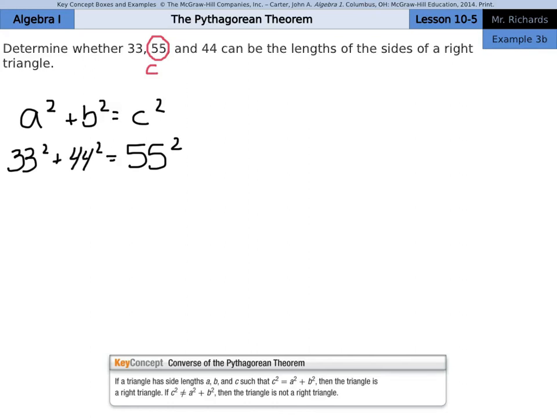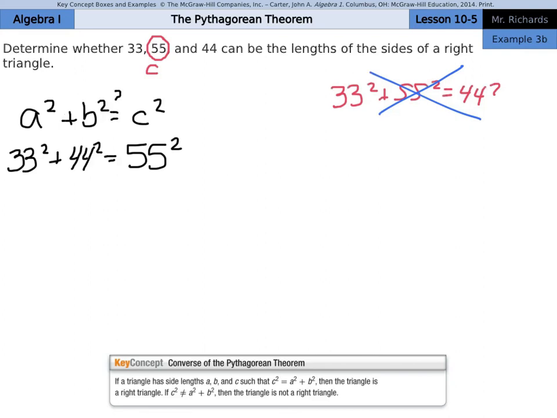A common mistake here, an all too common mistake that I see, is that students will go 33 squared plus 55 squared equals 44 squared, just writing it in the order of the question. That is not the way to do it. You need to identify your longest side. You need to call that C.